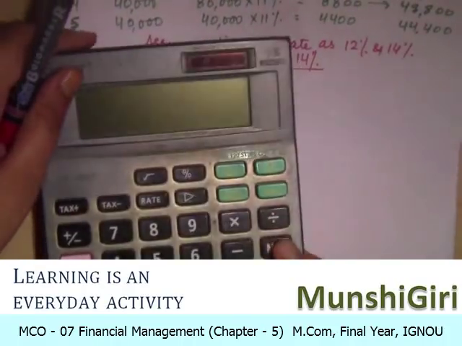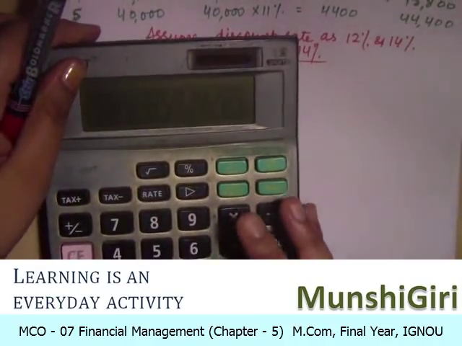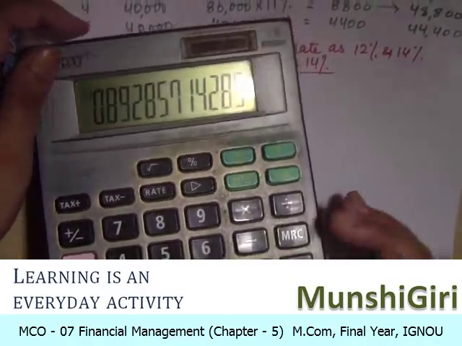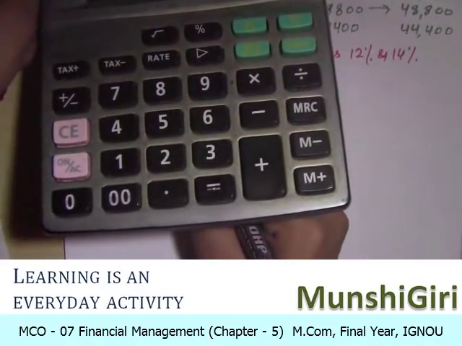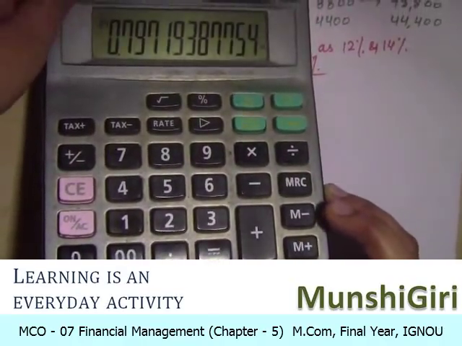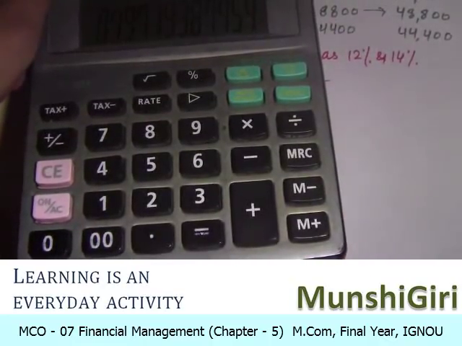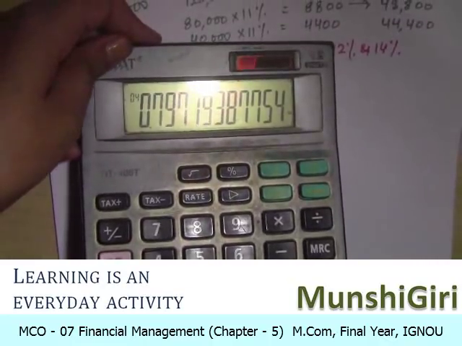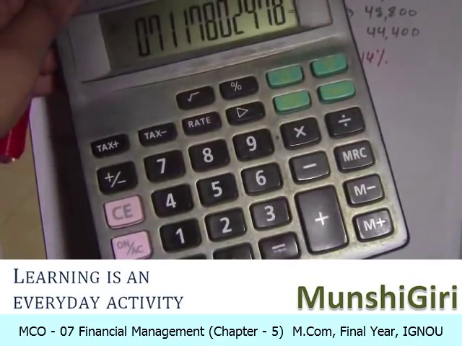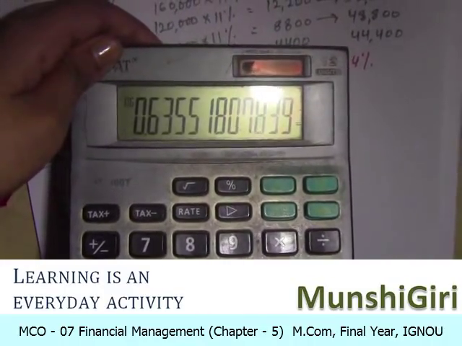This can be calculated as 1 divided by 1.12 equal to first 0.893. The second year it's 0.797. For third it is 0.712. For fourth it's 0.635.